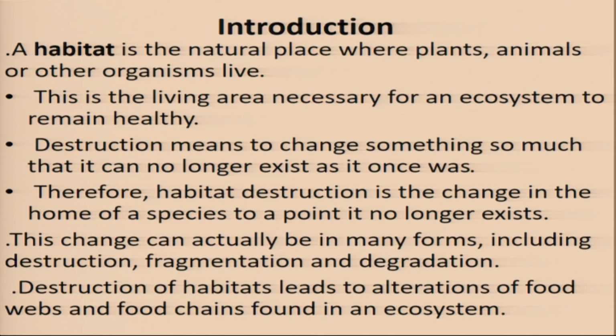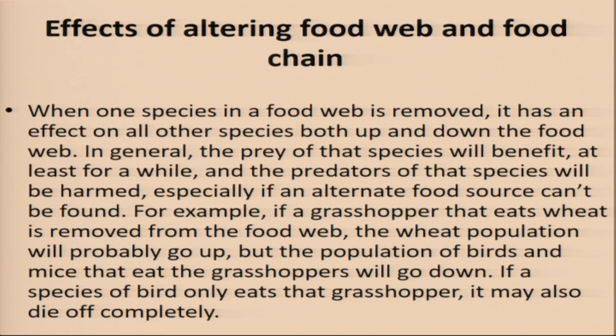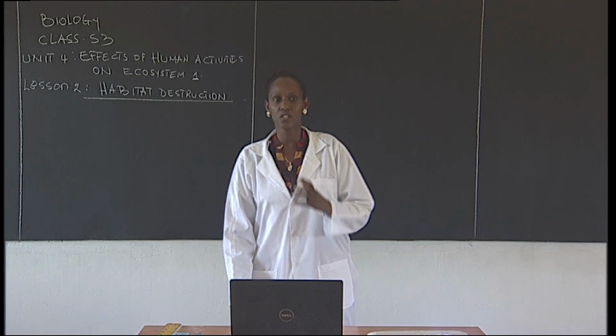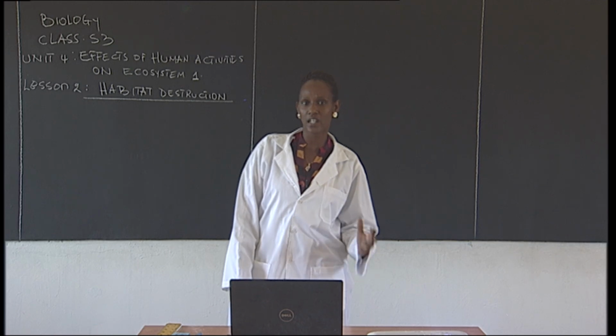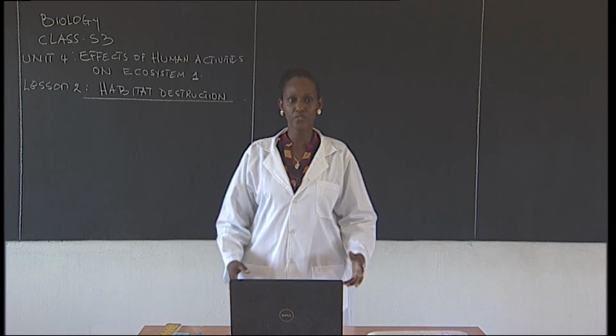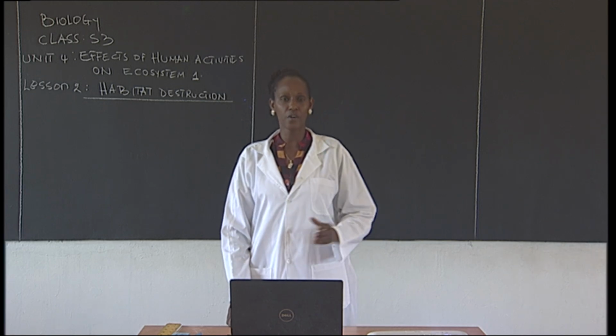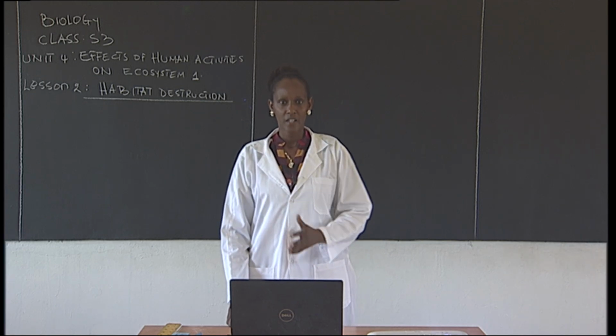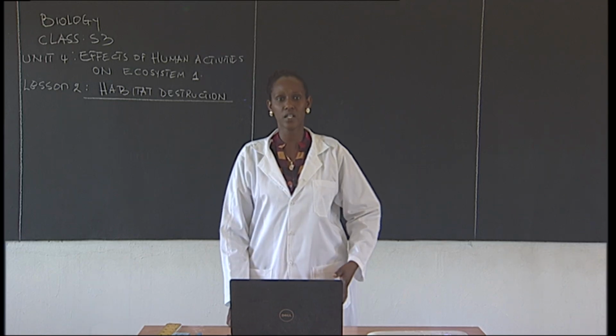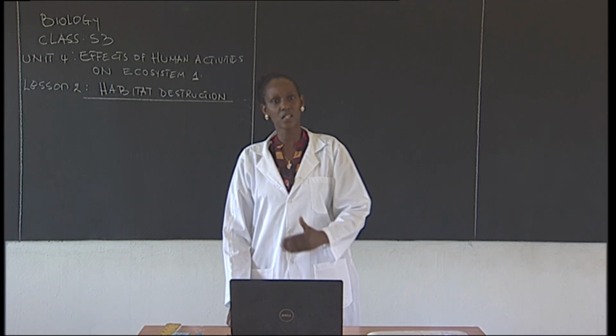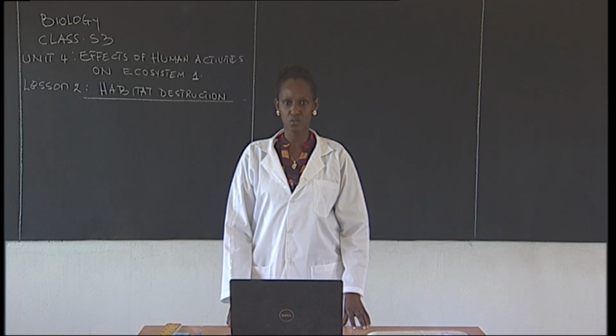So destruction of habitats leads to alteration of food webs and food chains found in the ecosystem. What does this mean? When we talk of destruction of habitat leading to alteration of food chain and food web, what is a food web? What is a food chain? So in life or in an ecosystem, there is a sequence of how food is supplied from the producer to the final consumer.